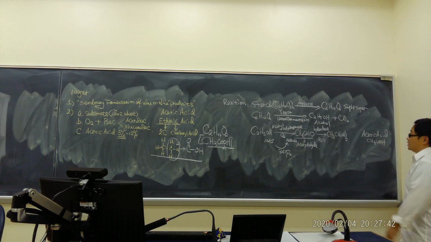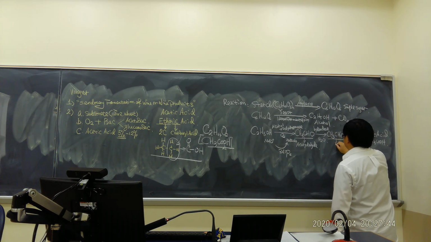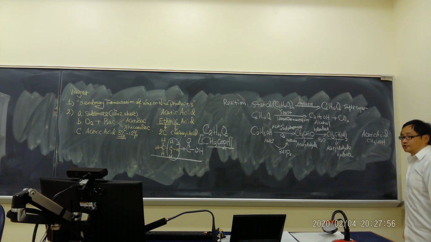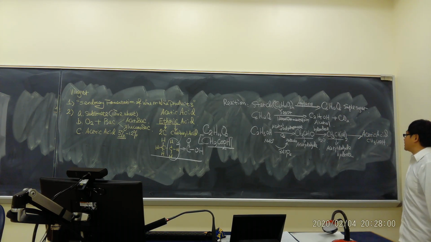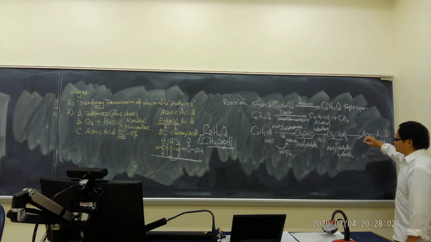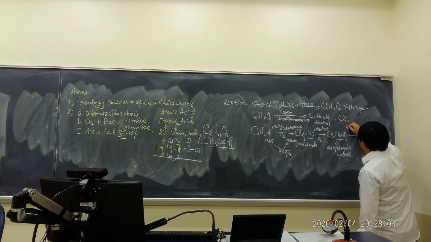Okay? So what is this product called? Acetaldehyde hydrate. It's an intermediate product. Some people don't notice it. Then it directly goes here, become acetic acids. This last enzyme is acetaldehyde dehydrogenase.